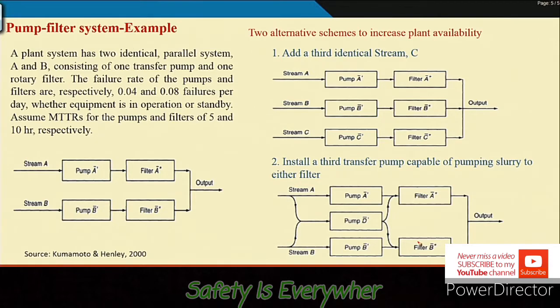So, we want to see the availability and unavailability of each of the systems, and then we want to know which one is best, or which one we should continue, if some more cost related data are available with us.